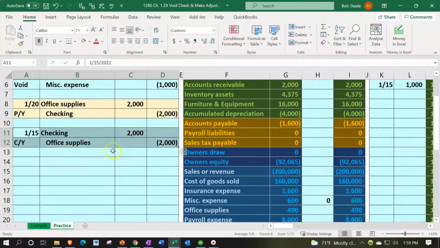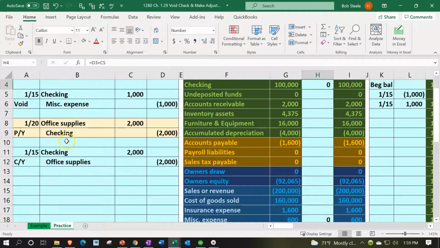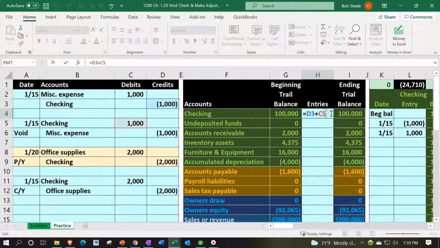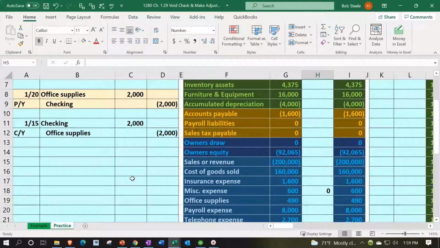So if I did this with journal entries, it'd be straightforward. I could say, okay, I'm just going to record this as of the current year. And I'm going to say that the checking account then is going to go up by that 2,000. So it's going to go up by the 2,000 here. And I'm not going to mess with anything in the prior year.